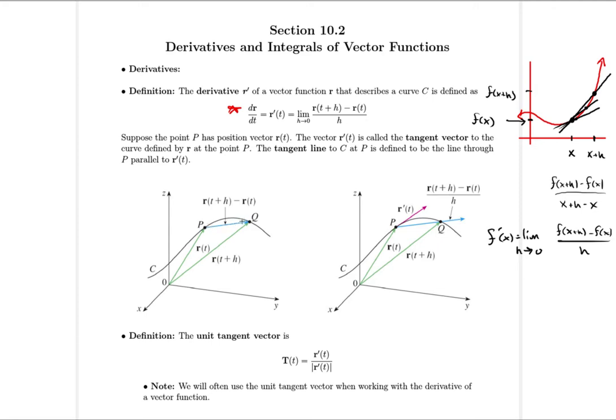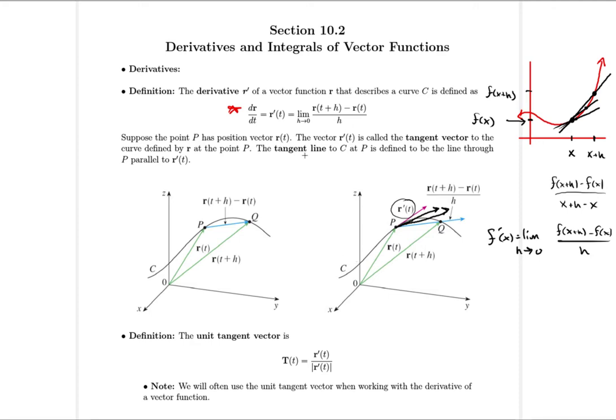And so the closer and closer I make t and t plus h, the vector becomes like this, then like this, until finally they're so close together that it becomes the pink one, which we call r prime of t. So understand that what we've done here is we've found a vector, r prime of t, that is tangent to the curve at the point that we're interested in.